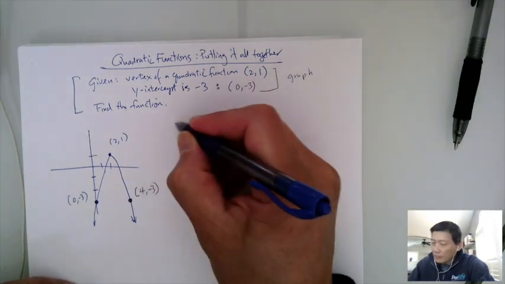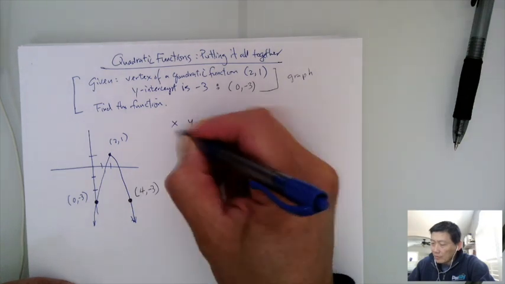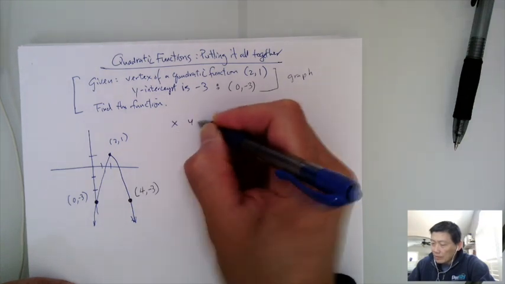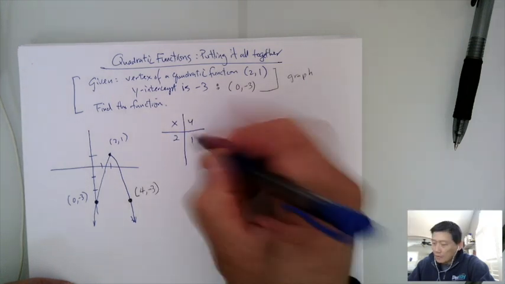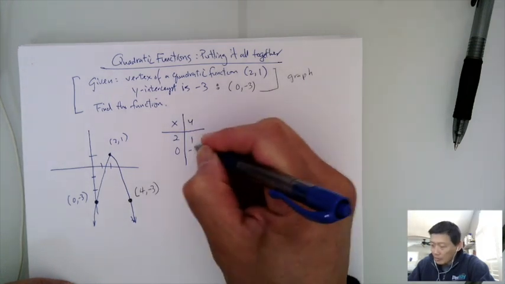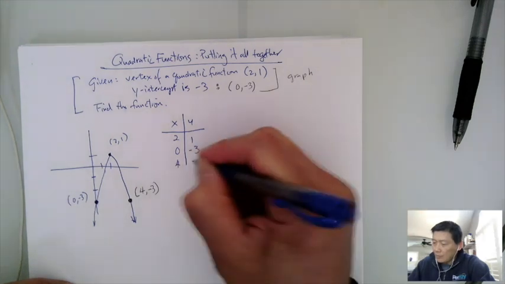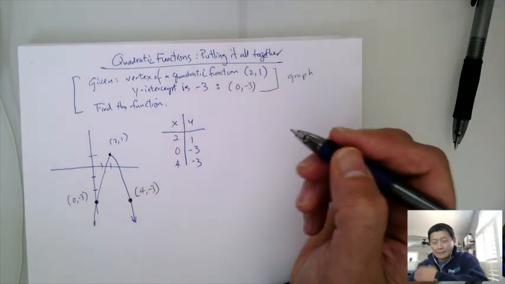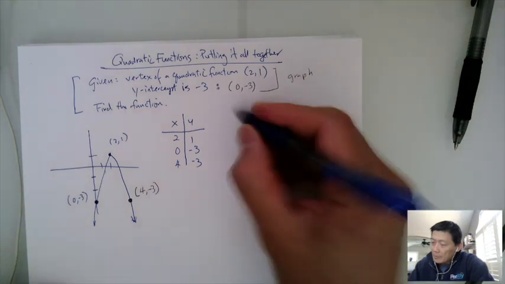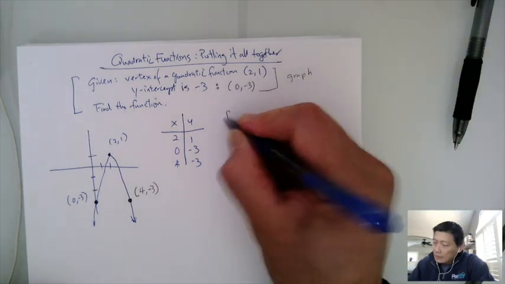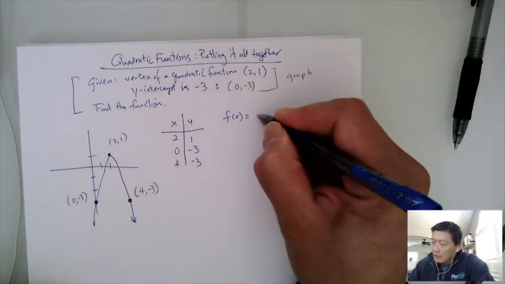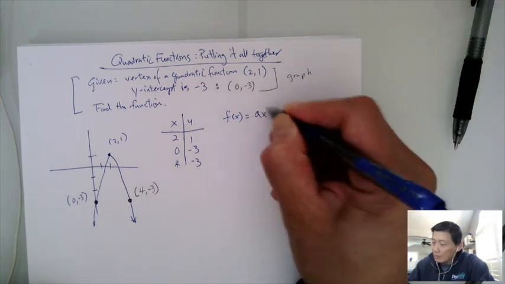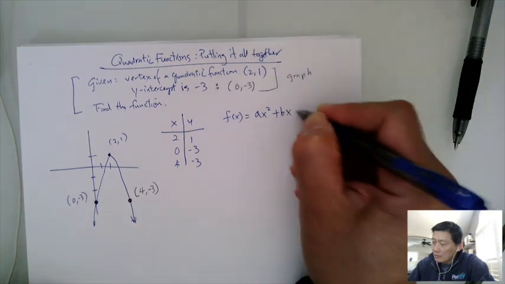Here, I take advantage of the fact that I have 3 points. I can go ahead and sketch out x and y, or f of x. We have (2, 1), (0, -3), and (4, -3). We have 3 points. Why is this important? Because a quadratic function is in the form f of x equals ax squared plus bx plus c.